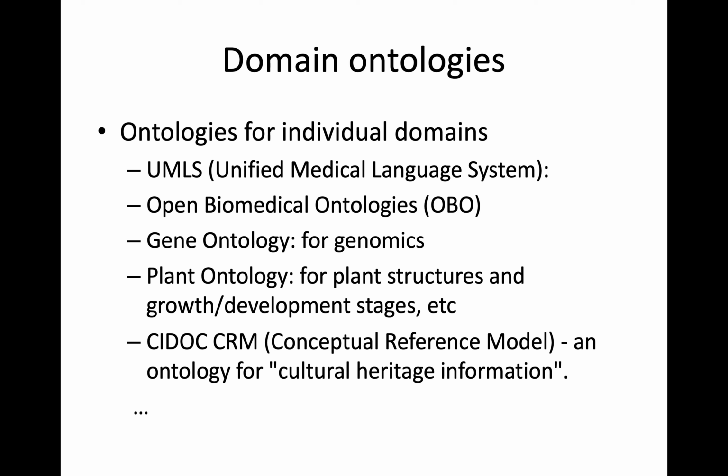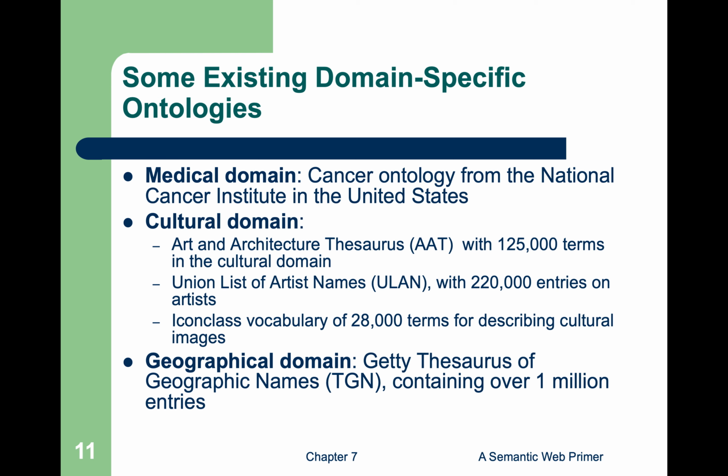For example, we have the Unified Medical Language System (UMLS), open biomedical ontologies, the Gene Ontology for genomics, and the Plant Ontology for plant structure and growth and development stages, etc. CIDOC-CRM, the conceptual reference model, is an ontology for cultural heritage information. Right? So those are examples of ontologies.